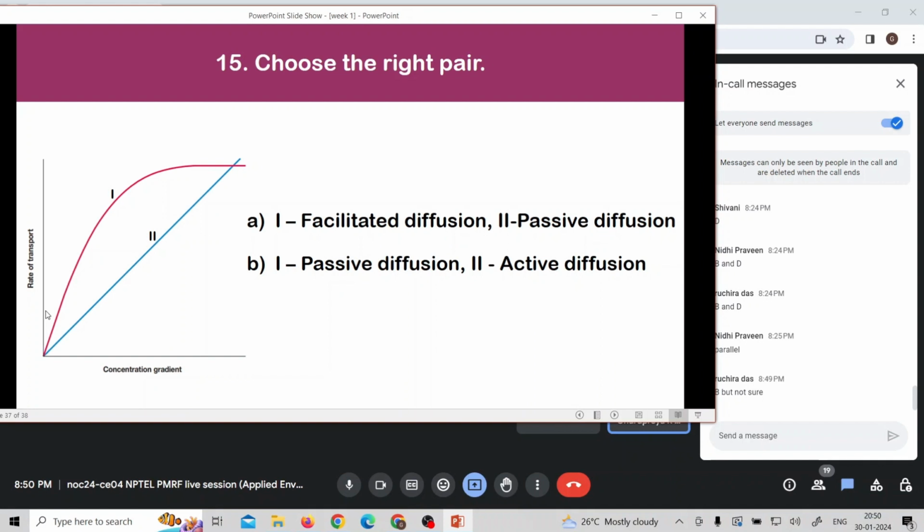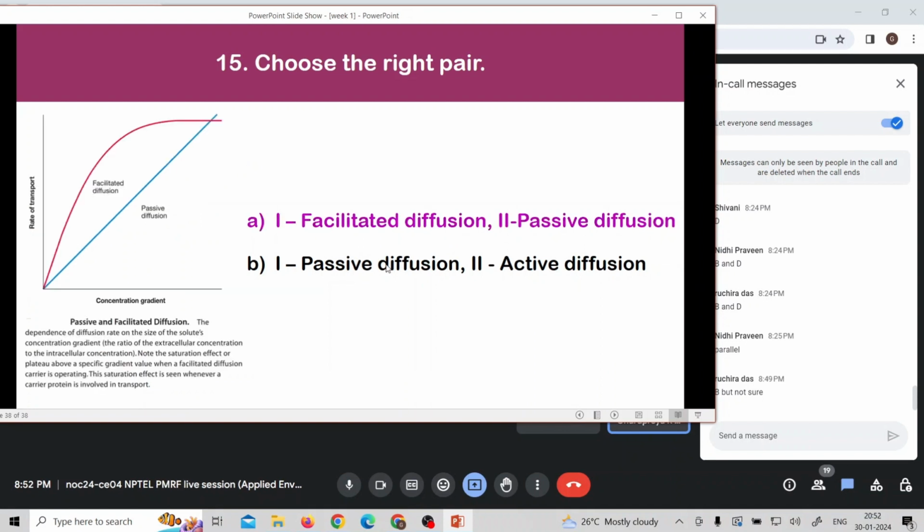Therefore, at one point, this rate of transport is going to saturate and become a plateau. That is why this curve increases and eventually saturates. This saturation happens because there is a limitation in the number of molecules that facilitate the diffusion process. That is what is given in the explanation of the slide also.